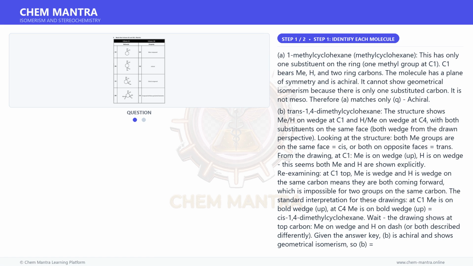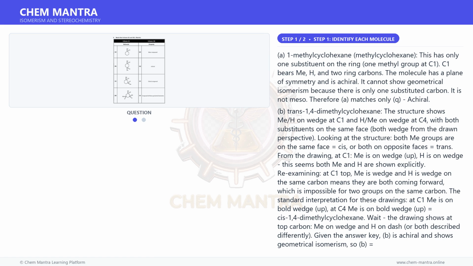Wait, the drawing shows at the top carbon Me on wedge and H on dash, or both described differently. Given the answer key, B is achiral and shows geometrical isomerism, so B is trans-1,4-dimethylcyclohexane.